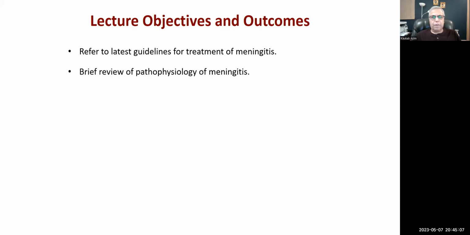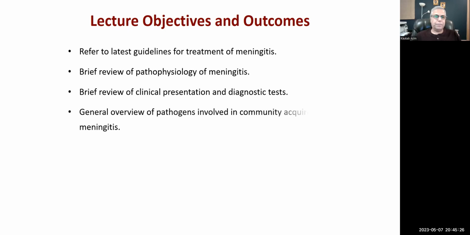We will have a brief review of the pathophysiology of meningitis and a brief review of the clinical presentation and diagnostic tests. Now, among the diagnostic tests, you do not have to go into a lot of details, but whatever is important, I've written that it is important and you should know that. Then there will be a general overview of pathogens involved in community-acquired meningitis.